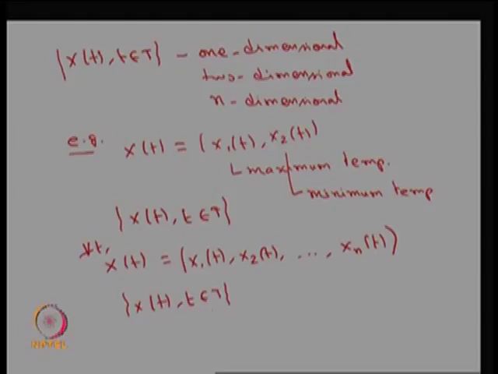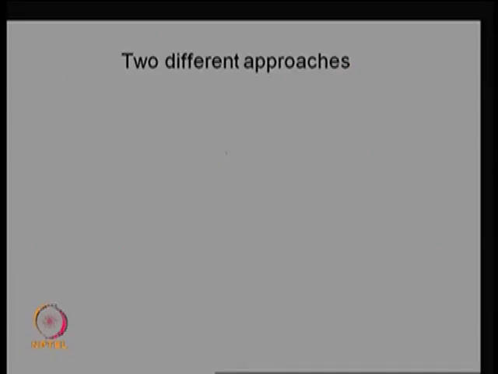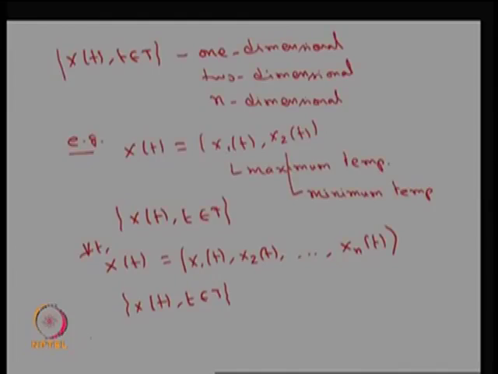That means you can go for making a one-dimensional random variable, then you have a collection of random variables forming a one-dimensional stochastic process, or you can have a two-dimensional, like that you can have an n-dimensional stochastic process. In the course what we are going to discuss is always a one-dimensional stochastic process. We can always create a complex valued stochastic process also in the form of x of t.